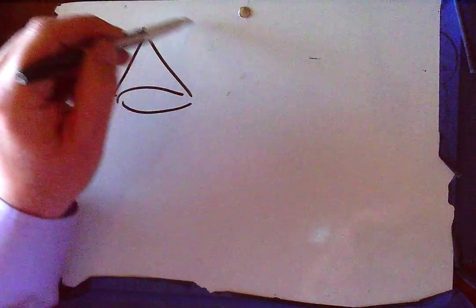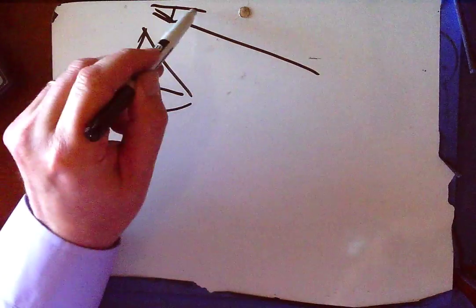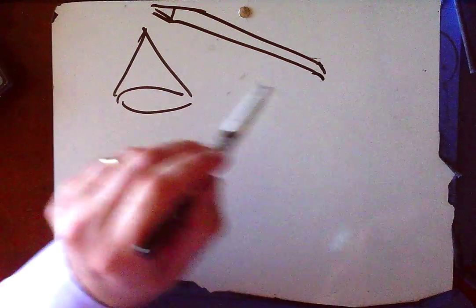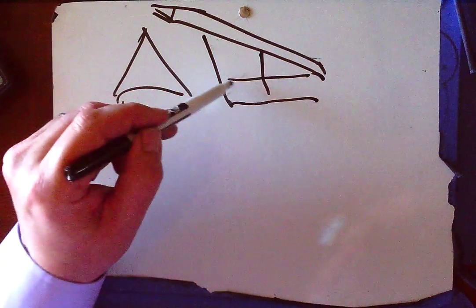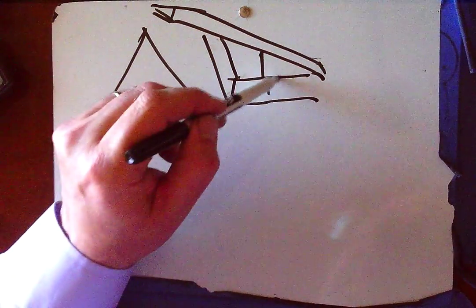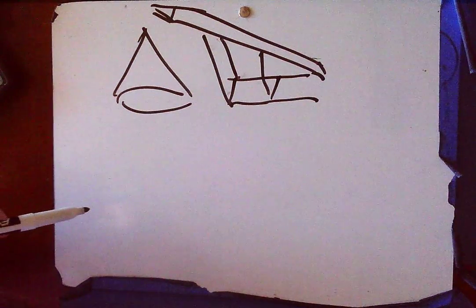How about problem number 4? 4 says gravel is dumped from a conveyor belt at a rate of... conveyor belt, dumping that over here. And we're creating this conical pile of gravel.